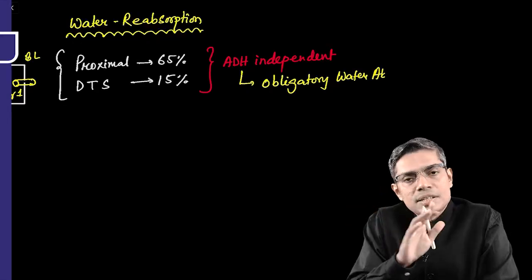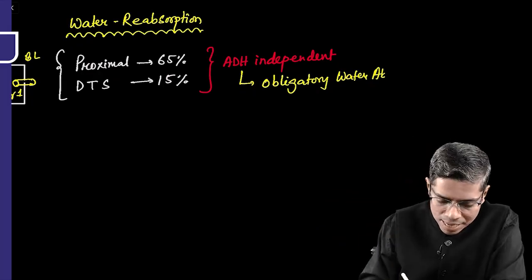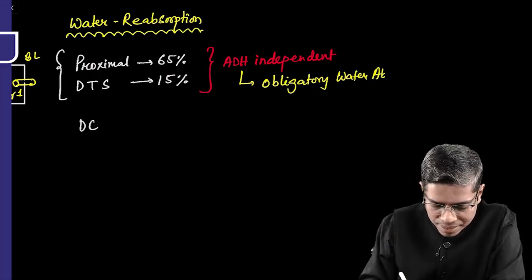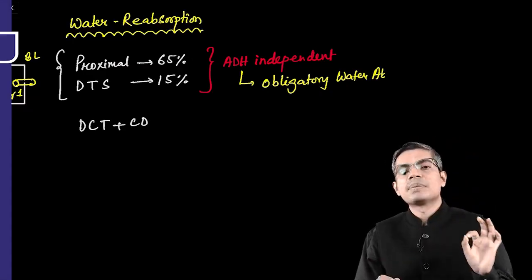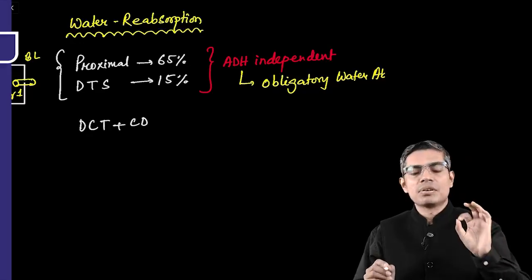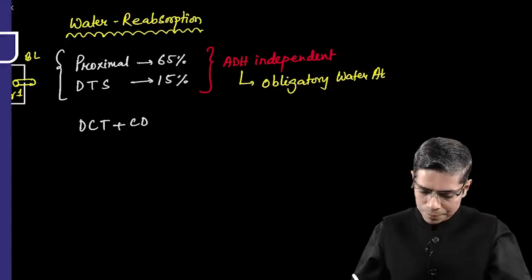know the TAL has no water reabsorption, it is impermeable to water, that is the diluting segment. So at the level of the DCT and the collecting duct, the water reabsorption is based on ADH. I told you at the beginning of the tubular transport chapter also.